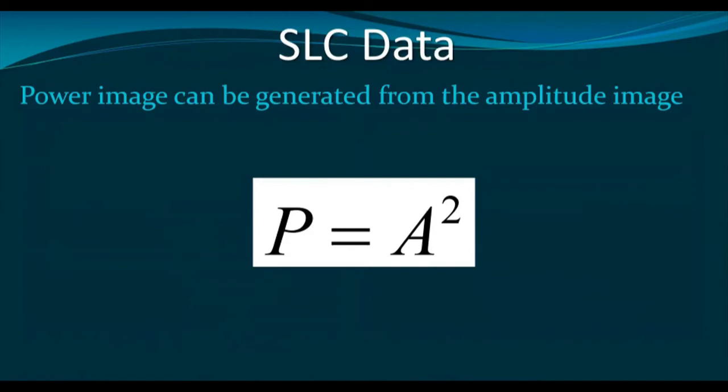Rather, we use the amplitude image. But in some instances, if we want to increase the discrimination among the pixels, in that case a power image may be desired rather than the amplitude image. Otherwise, the amplitude image can be used for any kind of analysis.